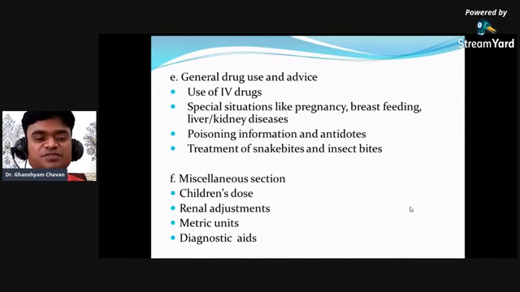Now, renal adjustment, as we discussed in the last point, kidney disease. Renal adjustment means patients who have kidney problems or renal failure should take drugs consciously. For example, allopurinol, the drug given for gout.